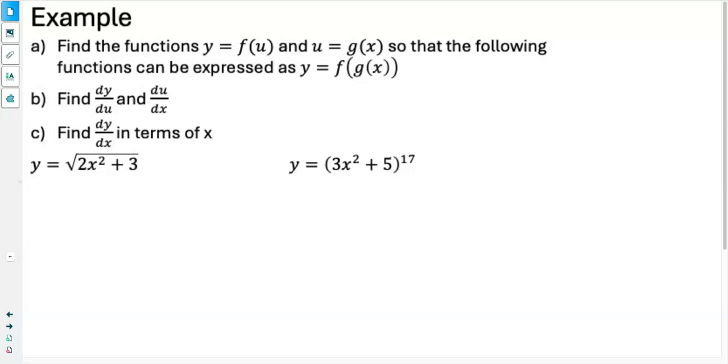Then we're going to find the derivative of y with respect to u and the derivative of u with respect to x, and then find dy over dx in terms of x. We're doing that for both these functions on this page. So we've got y equals 2x squared plus 3 inside a square root.